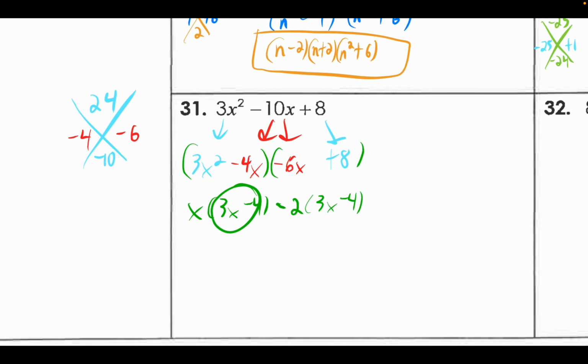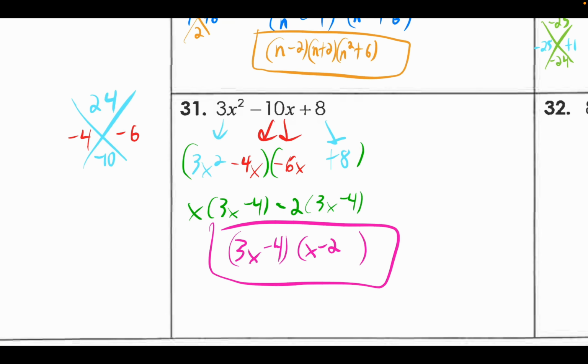And if they don't do that at this step, something has been done wrong. So since they do match, I'll have 3x minus 4, and I'll just put that as one factor or one parenthesis. And our other parenthesis will be the stuff that was outside the GCFs, the x and the minus 2. I'd call it that we're packaging up the leftovers. And these are the two factors. And if you wanted to check your work, you'd be more than welcome to by distributing 3x and 4 and then combining like terms.